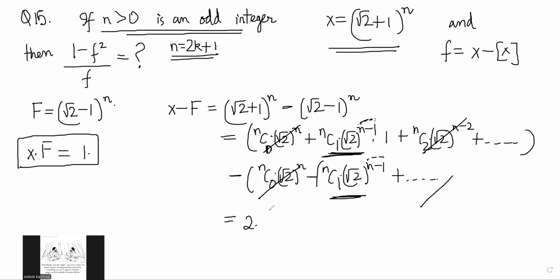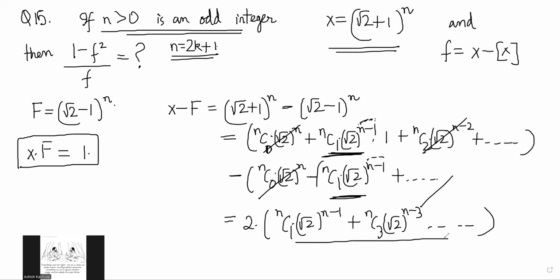You're getting 2 times nC1 root 2 power n minus 1 and nC3 root 2 power n minus 3. And these are all rational numbers. So we are getting an even number here. So what we have is x minus F is even, right?